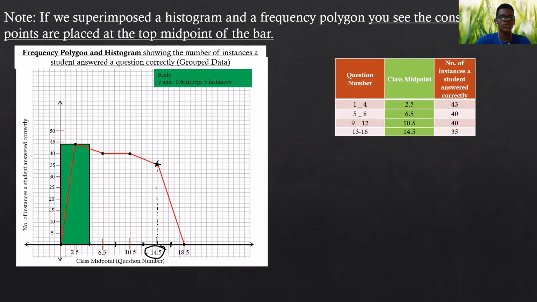That will, of course, mean that the width of your bar, let's take this point, for instance, 14.5, will start halfway between 10.5 and 14.5, and end halfway between 14.5 and 18.5.